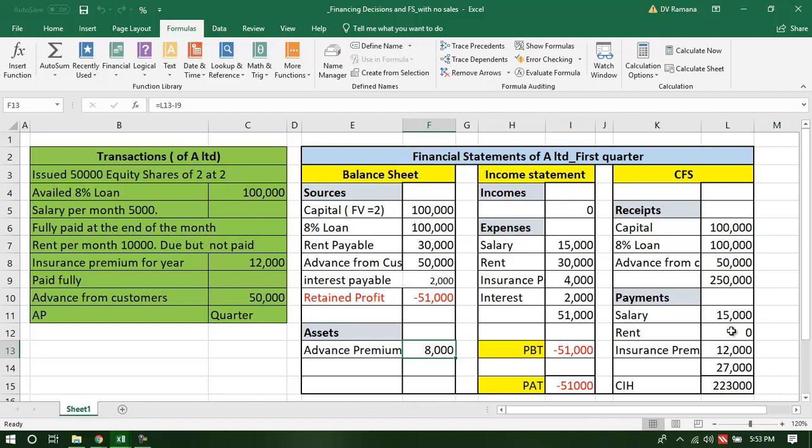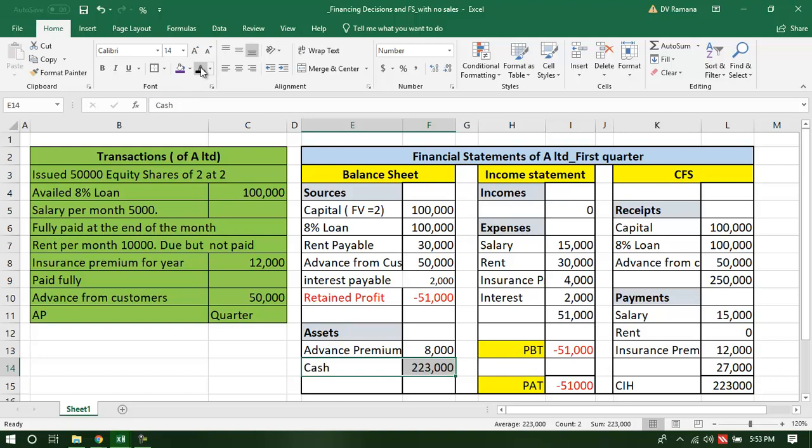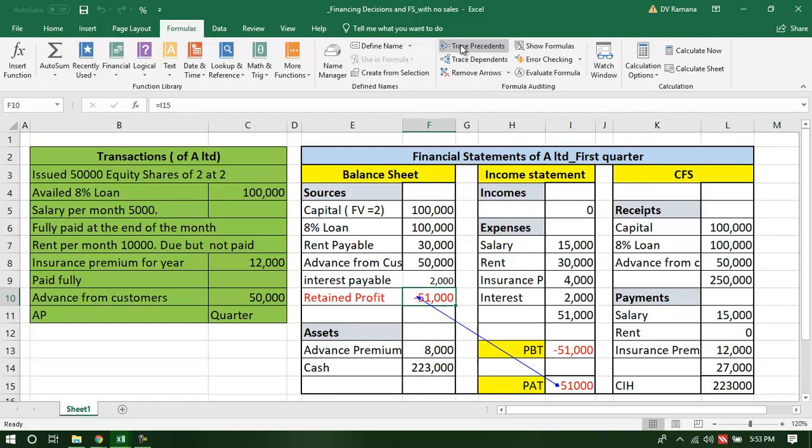If the payment is less than the expense, it is a liability. Cash in hand will be shown as an asset. The profit goes to the balance sheet as retained profit. Cash in hand goes to the balance sheet as an asset.